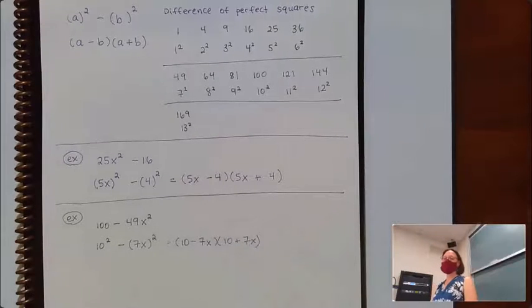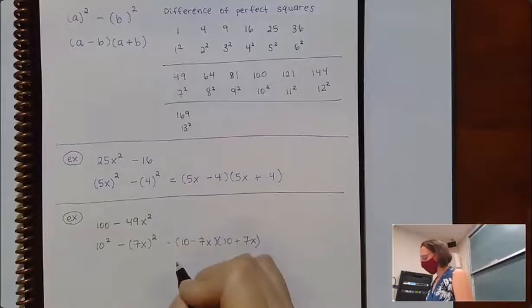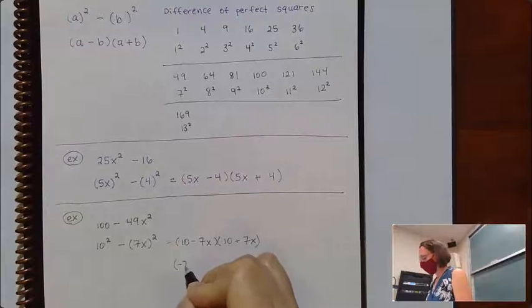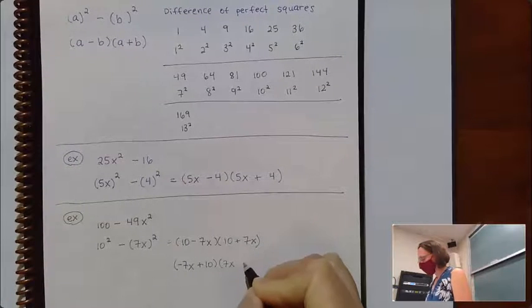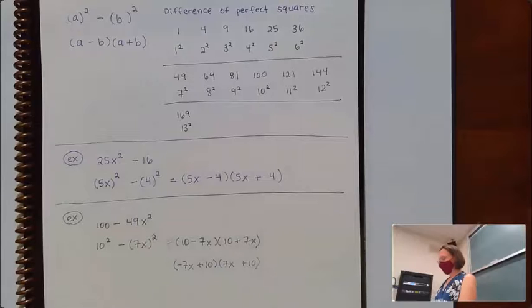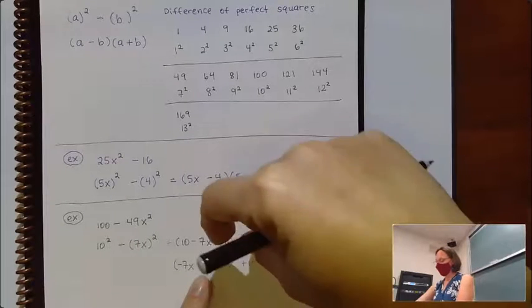If it is really bothering you that the 7x is at the back of each of those, when you rewrite them and put the 7s at the front, then one of them has to lead with a negative. And they both end up having a plus 10, because all we've done is switch the order.